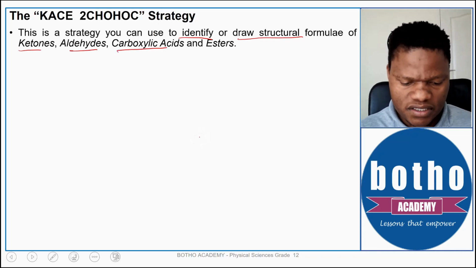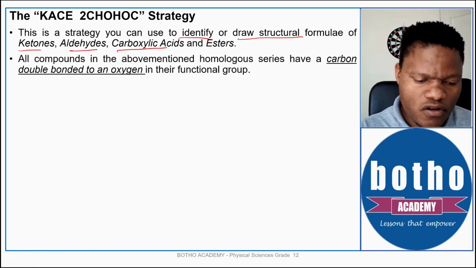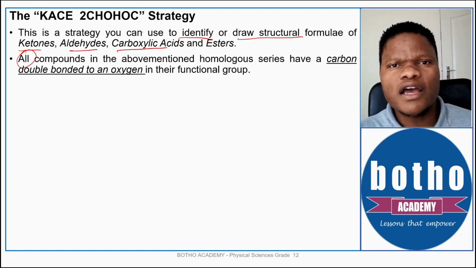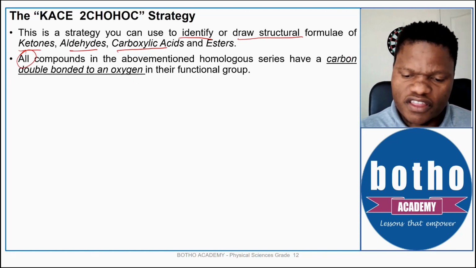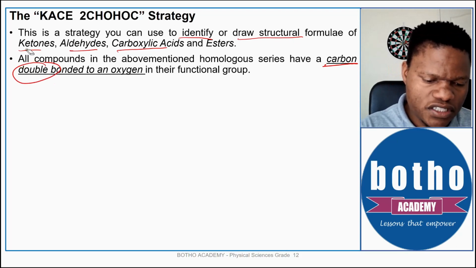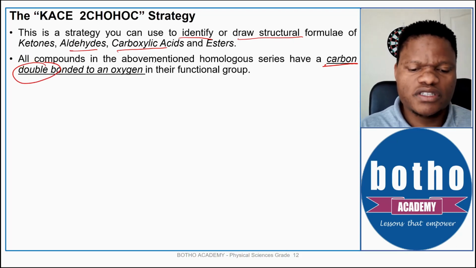Now, why is this strategy dedicated to these 4? We know that all these 4 mentioned homologous series have one thing in common, and that is they have in their functional group a carbon that is double bonded to an oxygen.